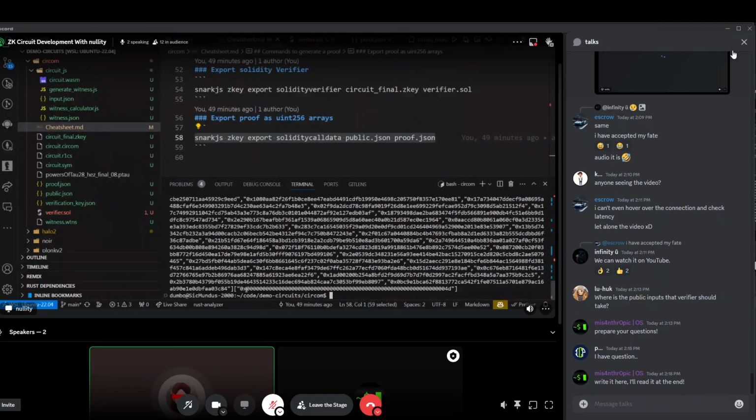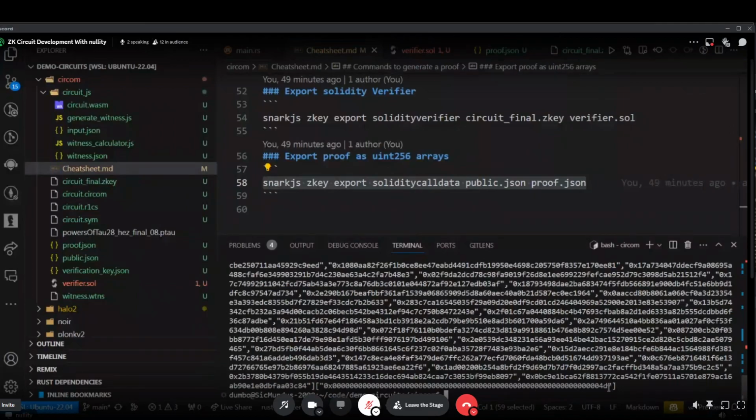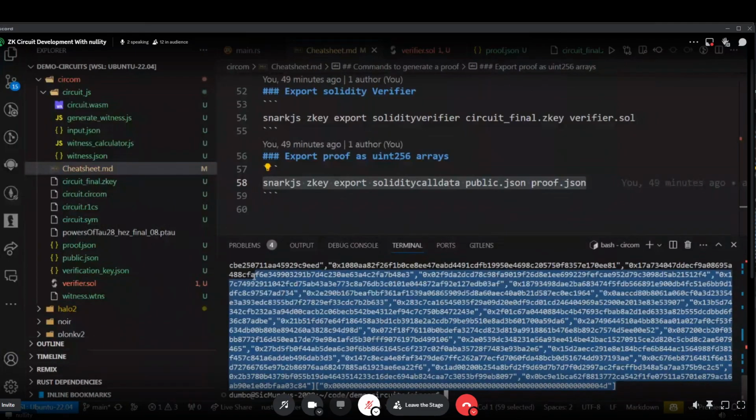If you see the last one, it is 0x, a bunch of zeros, and the last two letters are 4D. And if I'm not wrong, 4D is 77. What it's saying is that here's your proof and here's your public output for that circuit. So let's just copy this.